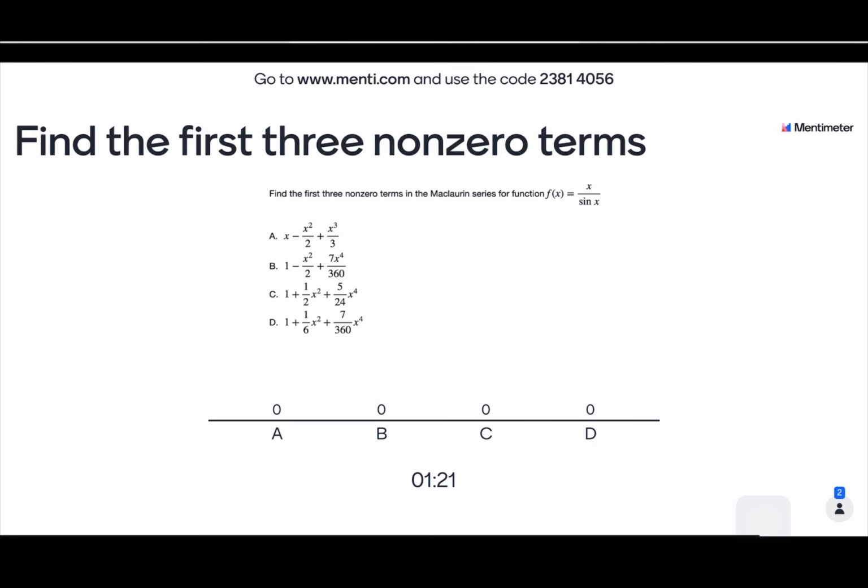We can check sine x for Maclaurin, what will it be. Sine x will have these odd number terms, right? For the Maclaurin. So what will happen if you divide x by sine x and then rewrite into the first 3 non-zero terms?